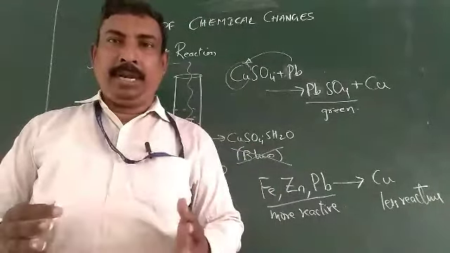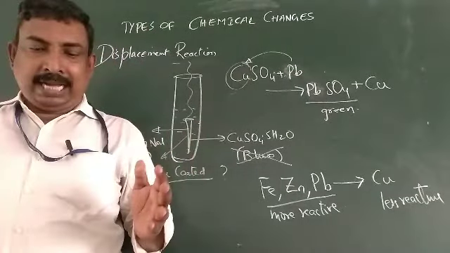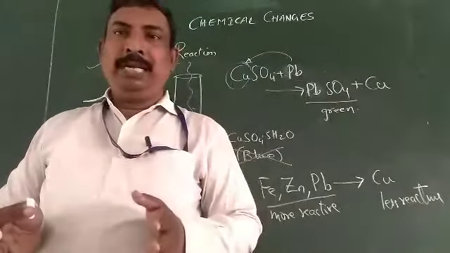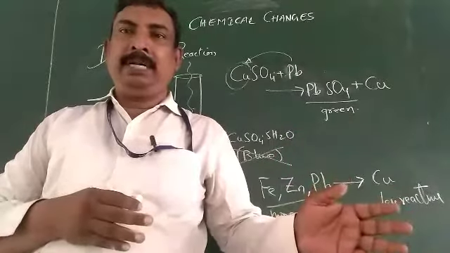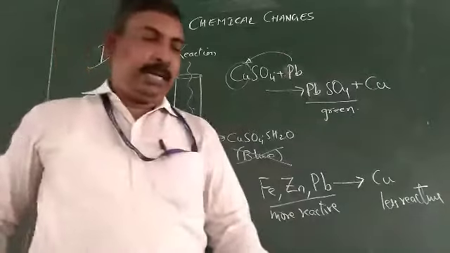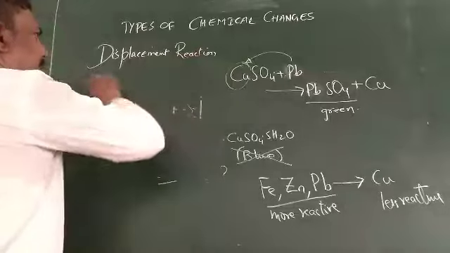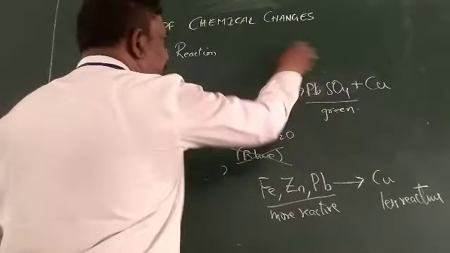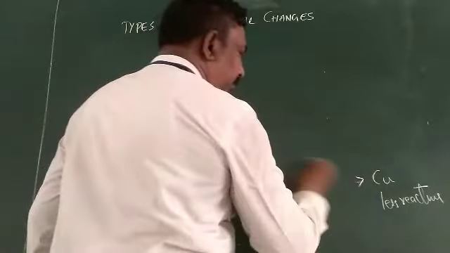Okay? So many examples are there, but once again, what is a displacement reaction? A more reactive element will displace the less reactive element. This type of reaction will be displacement. And now we are going to see the last one of these types of reaction, double displacement reaction.